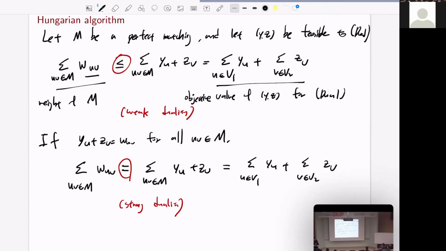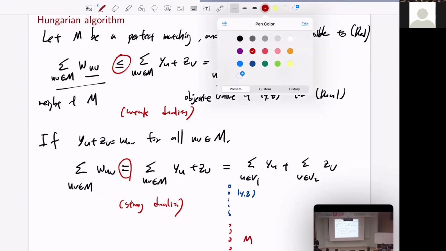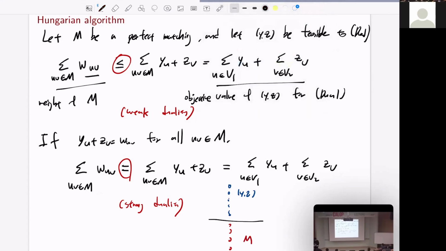Just to illustrate, this is the distribution of (y, z) values, and this is the distribution of the matching. There's always a gap, the dual values are above any values for the matching, but then I somehow reach equality.